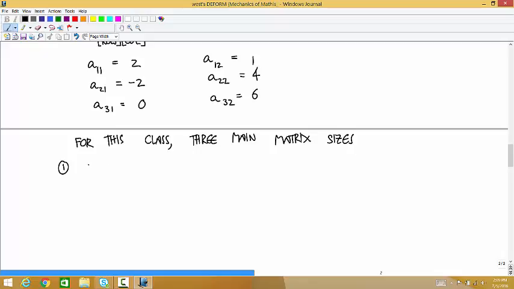The first one is 3 by 3. That's the size of the stress tensor. And since one of the main goals of this class is to understand the meaning of stress, this is a key one.